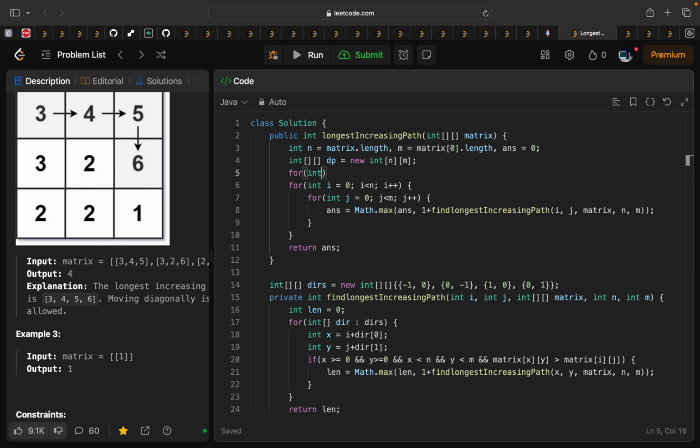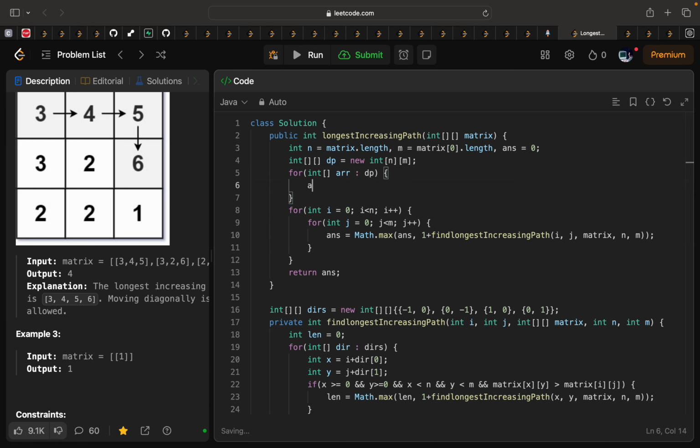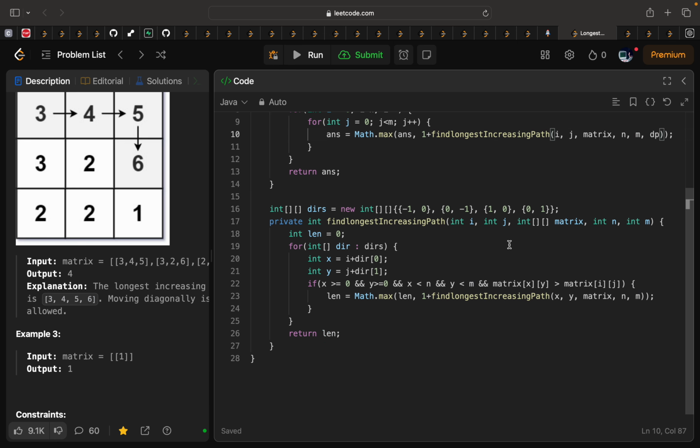We can initialize our dp with -1, and we can pass our dp in this function call also.